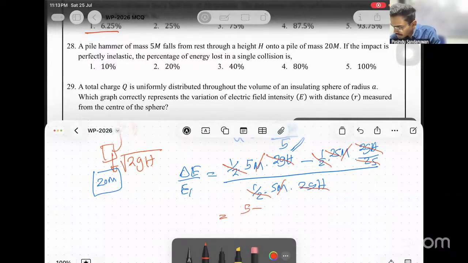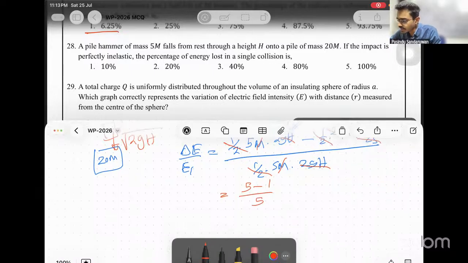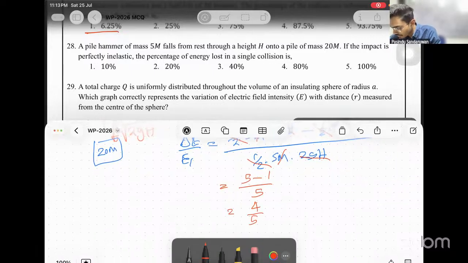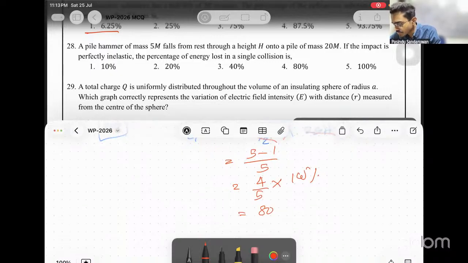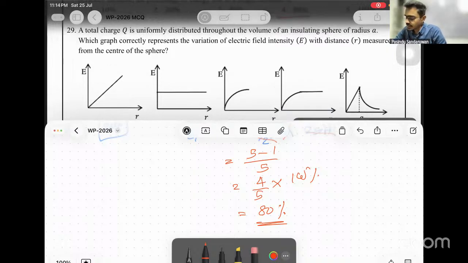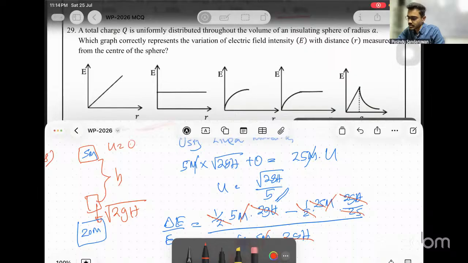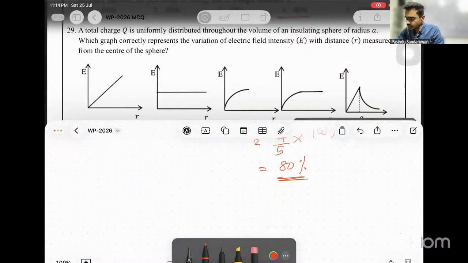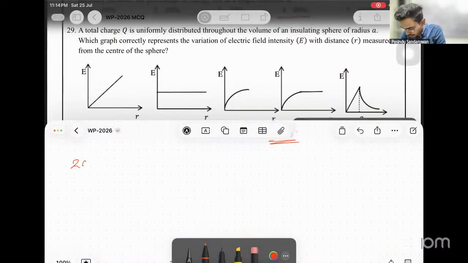Here 5 minus 1 remains, and below 5 remains. Now this number is 4 over 5. Then we need the percentage, times 100%. That is 80%. 80% of energy is lost. That's a different perspective on loss of energy questions. A little bit different idea.